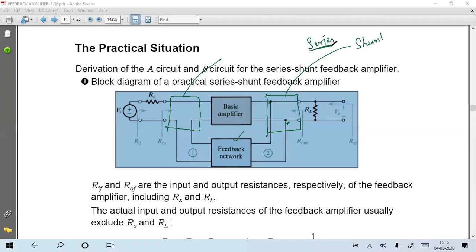Series means additive. When two voltage sources have to be added, the input side must be voltage, and only then the series nature has to be there. The output side should also be the voltage side.